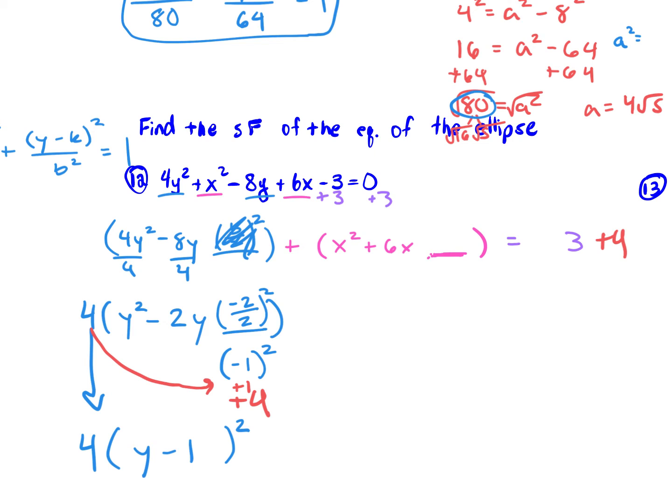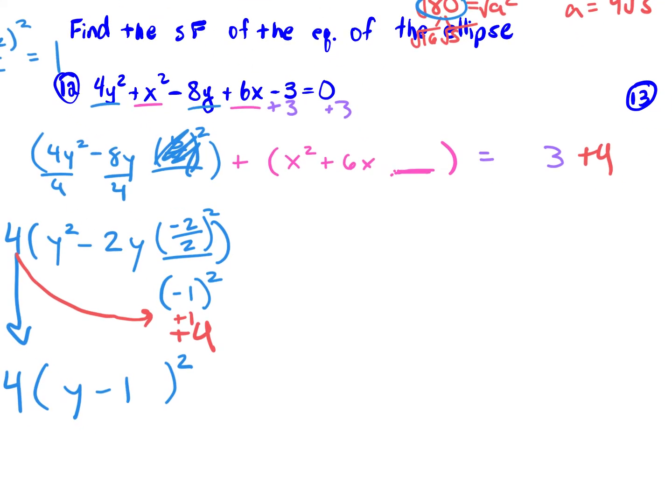So we completed the square with the y's. Let's do the same thing with the x's. It's already just x squared, so we don't need to take anything out here. Thank goodness. What's going to go in my space here? 6 divided by 2 squared. 6 divided by 2 is 3. So I have 3 squared. What goes in my parentheses? x plus 3 squared.